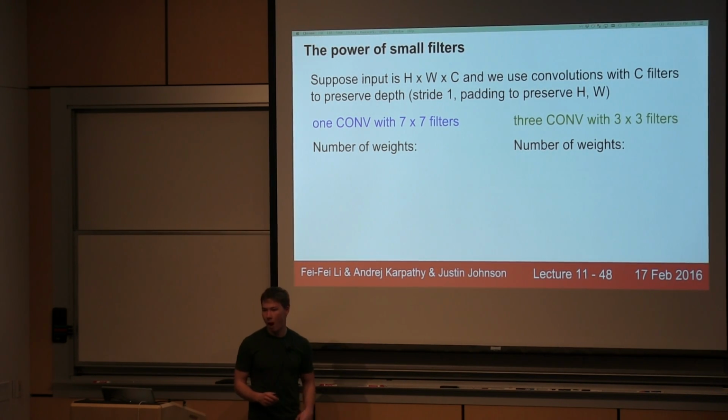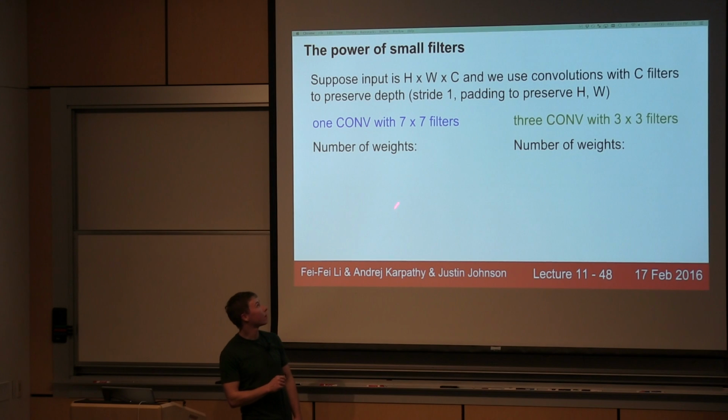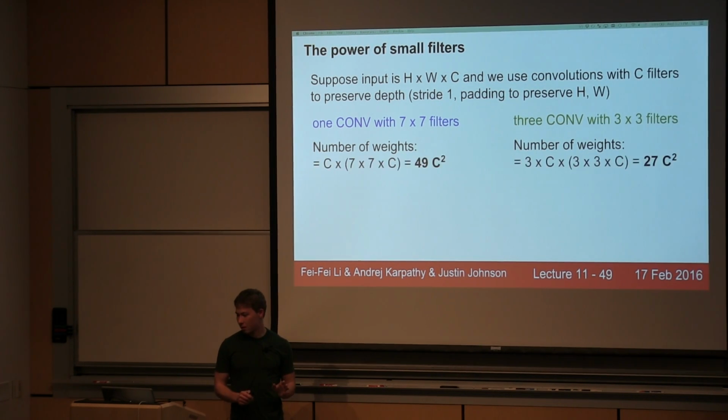First, how many weights do each of these two things have? Anyone have a guess on how many weights the single 7x7 convolution has? You can forget about biases because those are confusing. I heard some murmurs, but my answer was 49C², because you've got this 7x7 convolution, each one looking at a depth of C, and you've got C such filters.